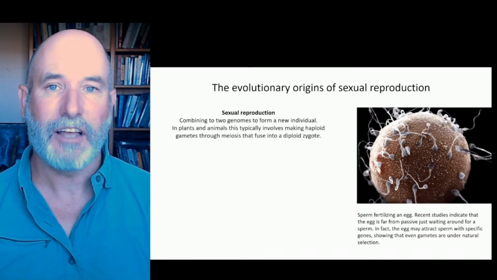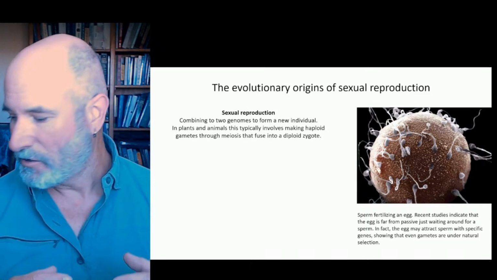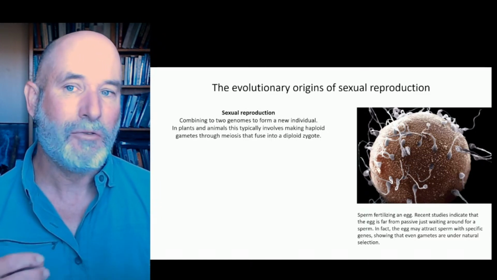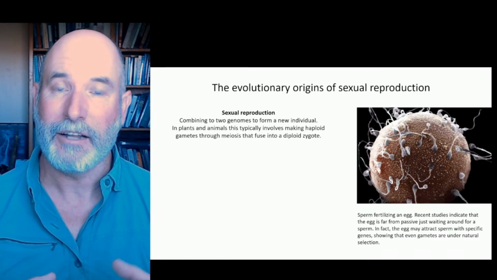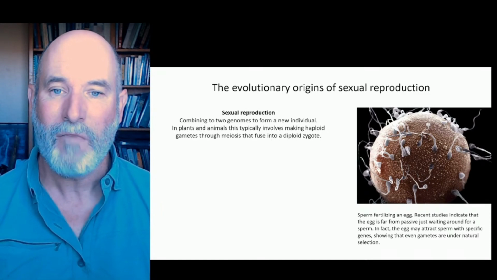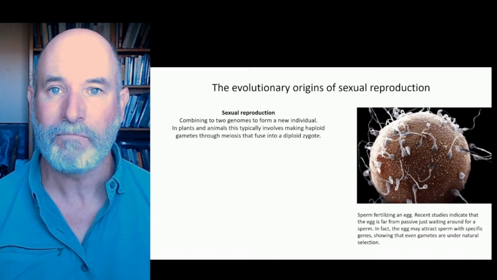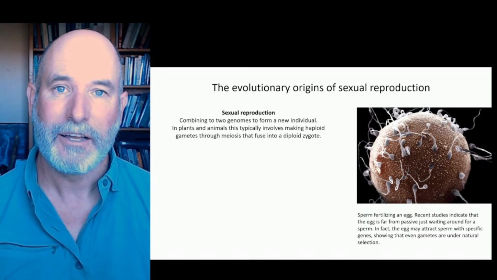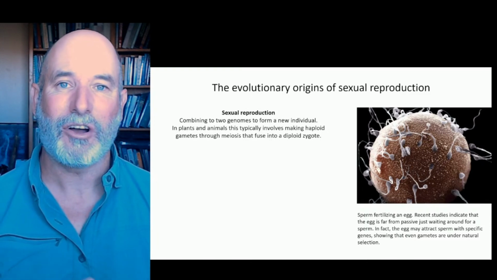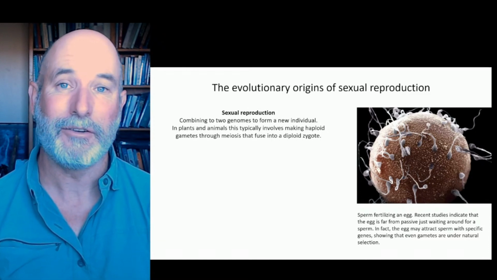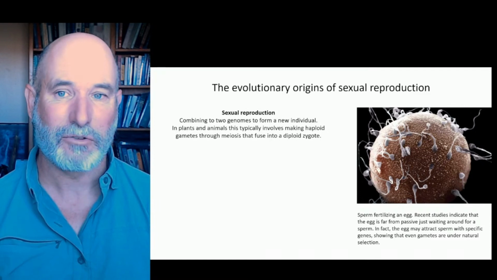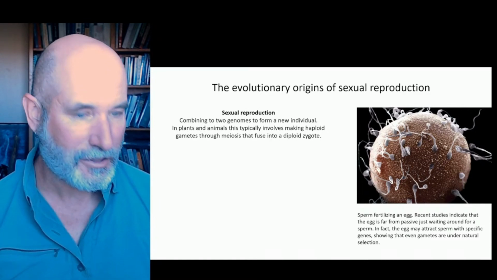So with sexual reproduction, we're going to combine two genomes to form a new individual. So, of course, there is an egg being fertilized by the sperm. The egg has 23 chromosomes from mom. Sperm has 23 chromosomes from dad. And then as a result, when you combine those two genomes into a new individual, you have a new organism. That is sexual reproduction. And you do this by reproducing with gametes.